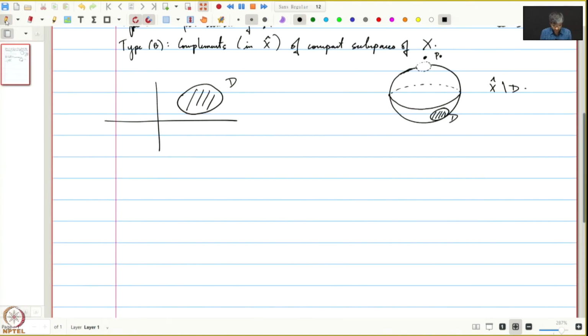So let us begin today's lecture. Let's write down what we proved last time. Let X be a locally compact topological space which is not compact.